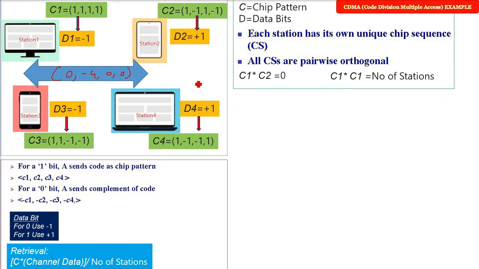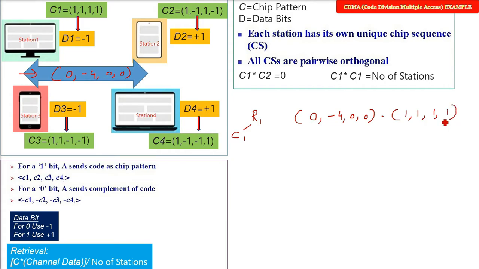Now let us say receiver 1 wants to know what station 1 has sent. We take the channel data 0, negative 4, 0, 0, and since the receiver already knows the code of station 1, which is 1, 1, 1, 1, we take the inner dot product.